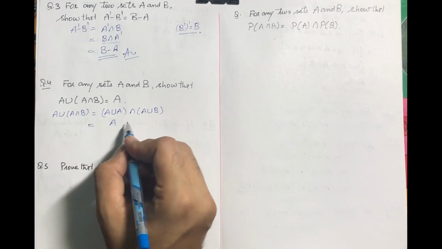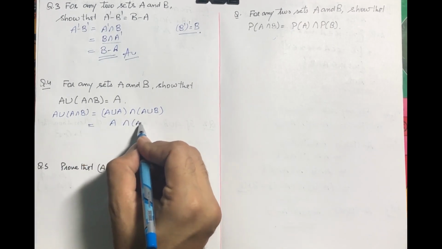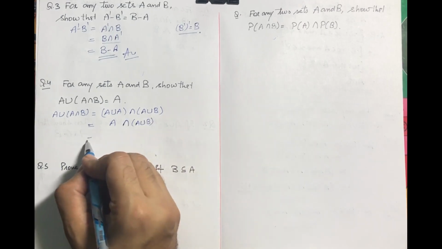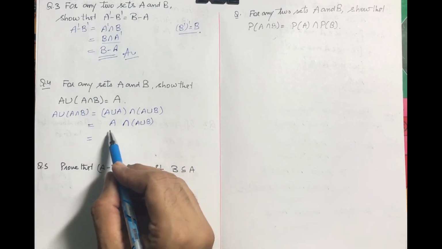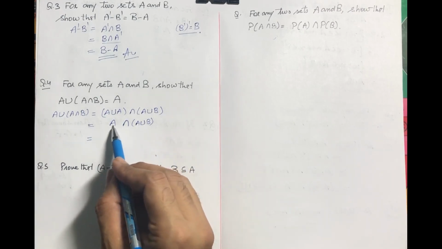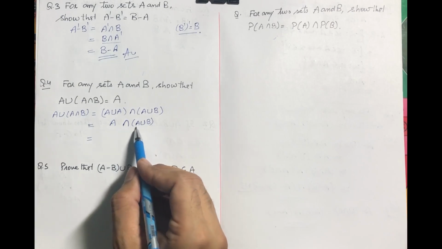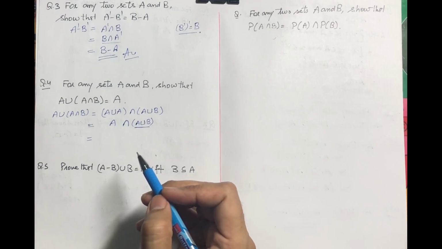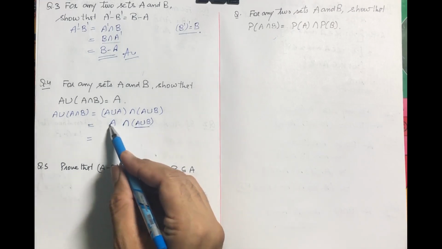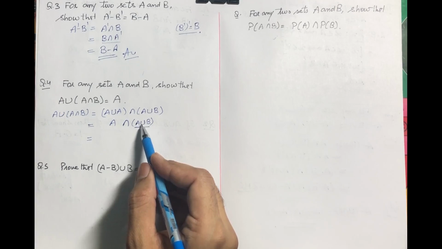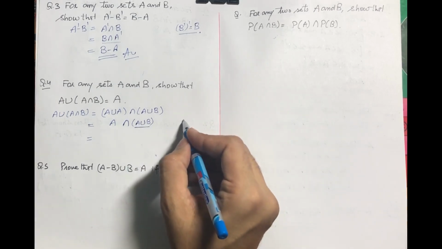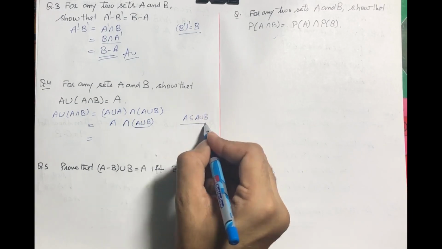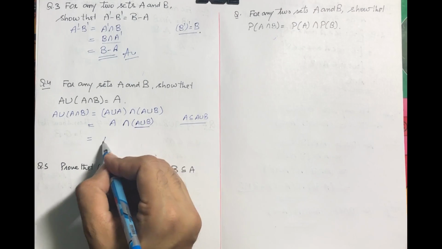This is A, intersection with A union B. Now just look at this, A intersection with A union B. Now clearly A is a subset of A union B. So therefore the intersection is A.